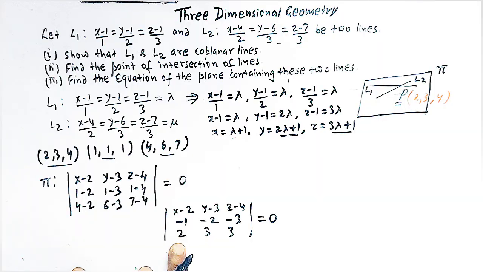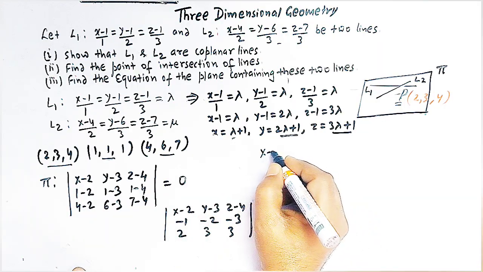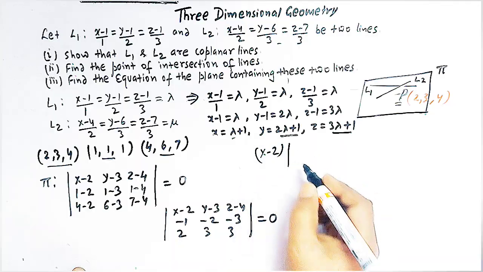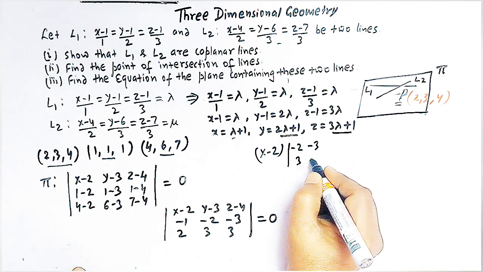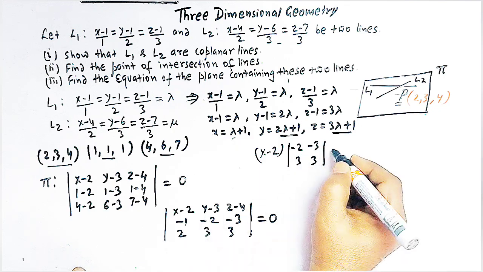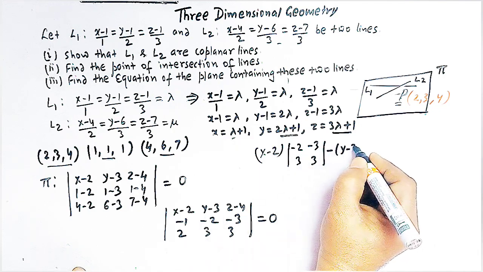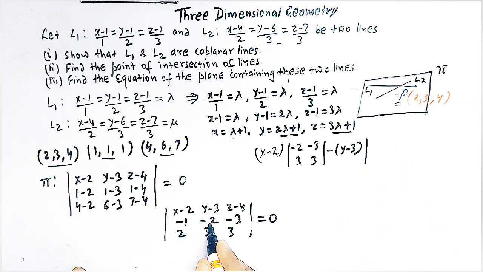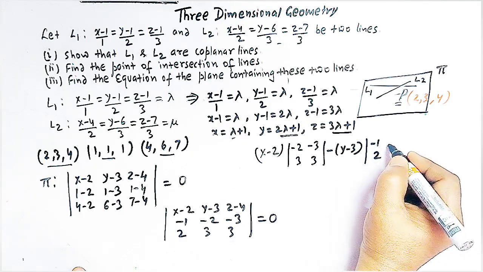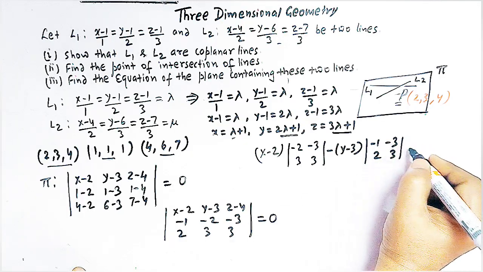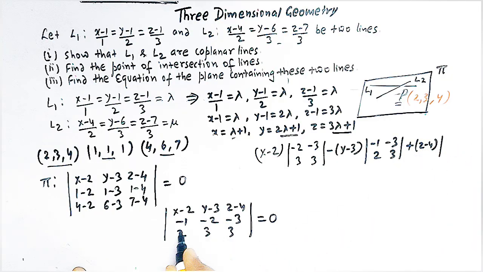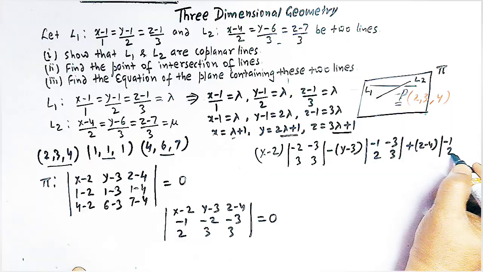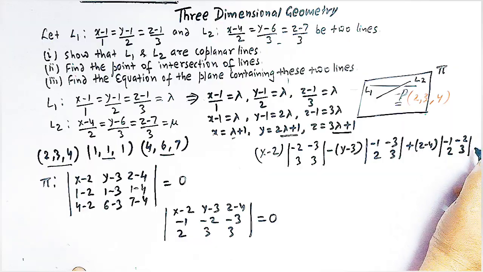Now expanding along the first row, we have x minus 2 times the minor with minus 2, 3, minus 3 and 3, then minus y minus 3 times the minor with minus 1, 2, minus 3, 3, and then z minus 4 times the minor with minus 1, 2, minus 2 and 3, right?